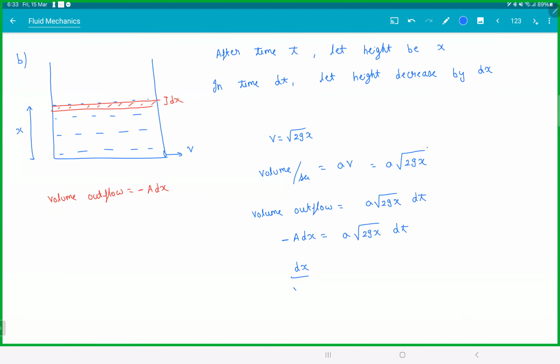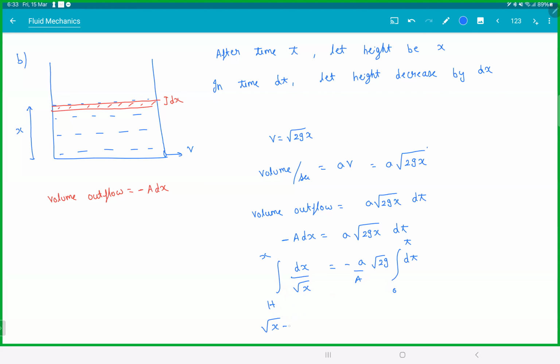Bring all dx's to one side. Minus a by A root 2g dt. Integrate. When time is 0, height of the liquid is h. This is x. This is t. This will be 1 by root x, 2 aega.